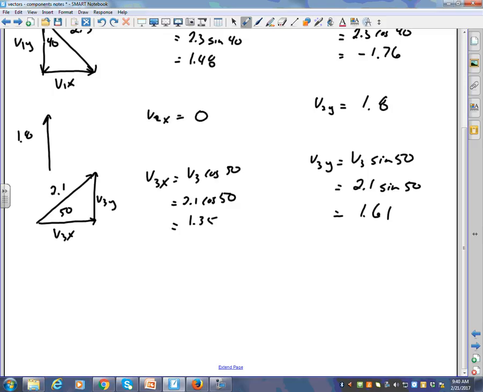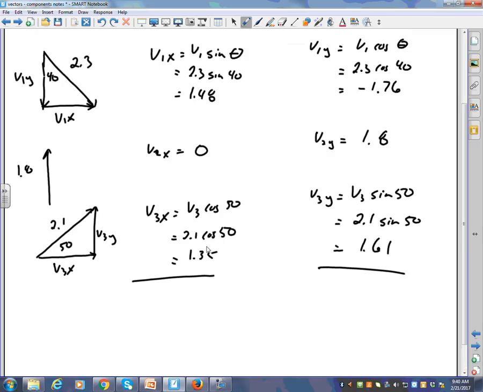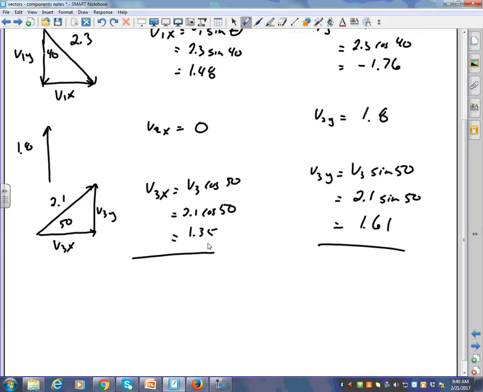Okay, so I've done the components. Now to add the x's, all I ever do is just add that column of numbers. It's probably a good idea to show it. More than anything, if you make a mistake, then I can see you know what you're doing.